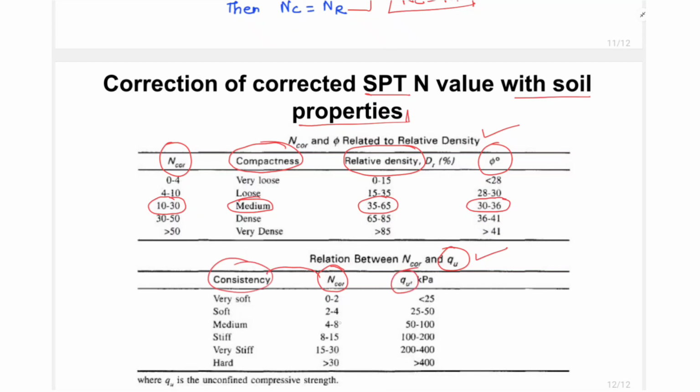For example, if the corrected standard penetration number lies between 4 and 8, then the consistency of the soil is medium, and the respective ultimate bearing capacity varies from 50 to 100 kPa. Okay, so these are the applications of the standard penetration number.